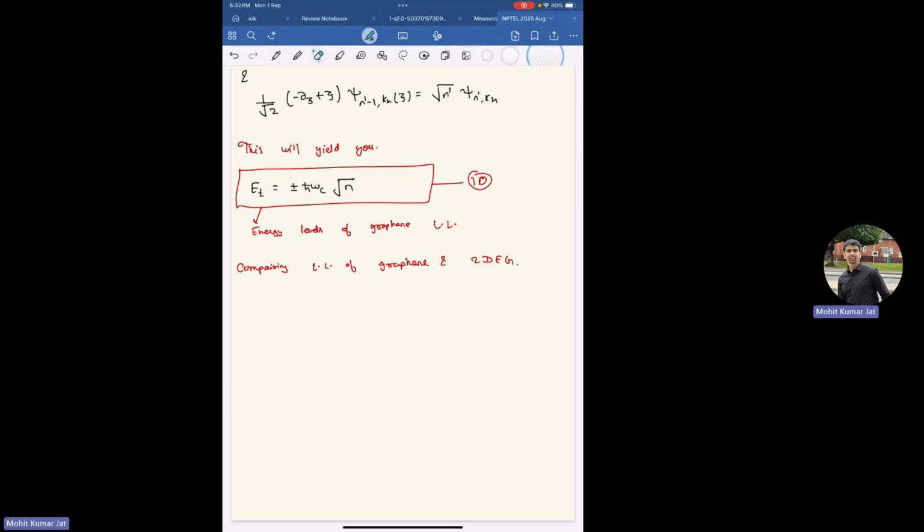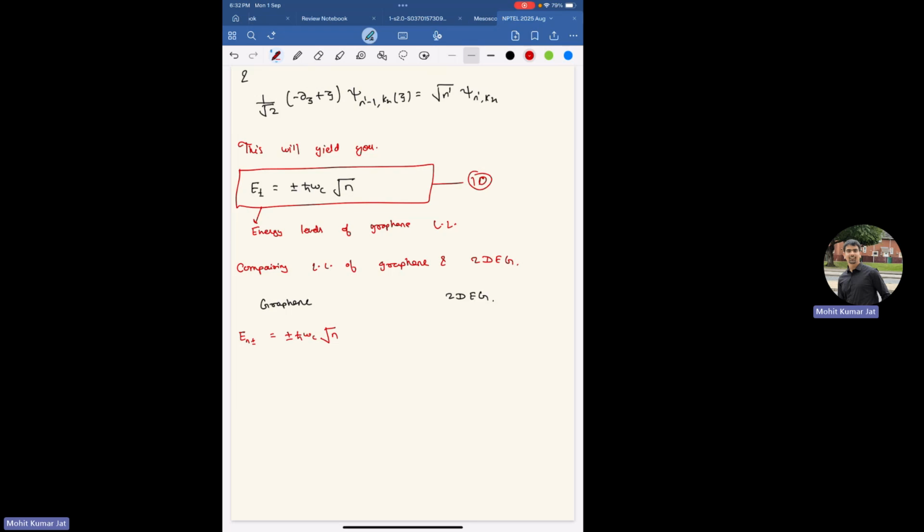So let me just create a column, graphene, 2DEG. For graphene, your Landau levels are given as E n plus minus equals plus minus h bar omega c square root of n.